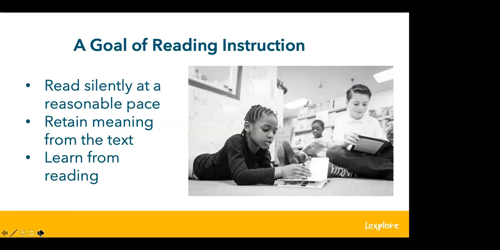The ultimate goal of reading instruction is to get our readers in a good place where they are reading silently at a good pace and understanding what they are reading. Developing a vast, strong vocabulary facilitates this goal. Explicit instruction in vocabulary, especially those critical words or academic vocabulary words, is essential for all of our learners.